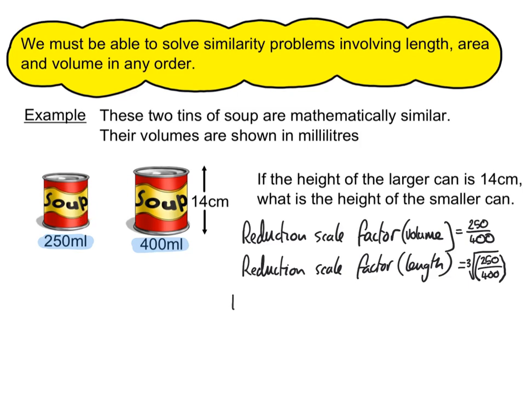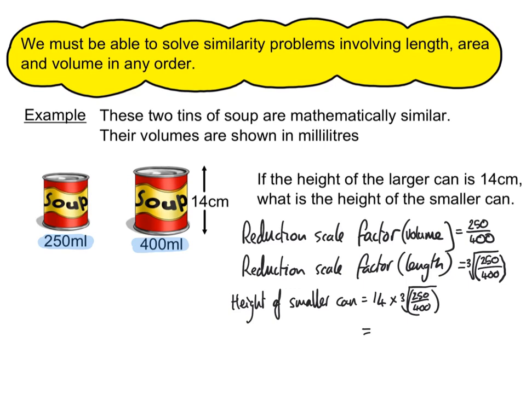So height of smaller can is simply the larger can of 14 multiplied by my reduction scale factor for length, which from above is the cube root of 250 over 400. Now this might look quite cumbersome, but remember your calculator is going to do all of the work here, so we can type that in, just making sure that you know how to type that into your calculator properly.